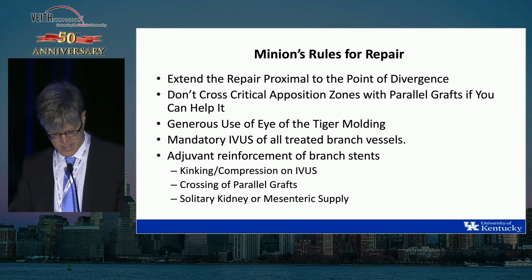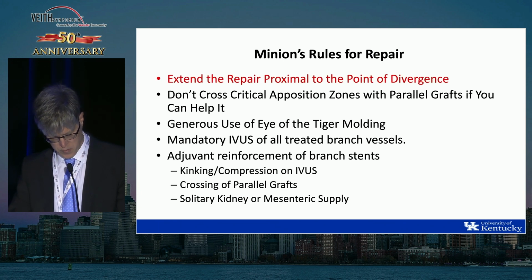Now, I don't have time to discuss all my rules for repair, but as I'll present on Saturday, every delayed proximal neck failure I have seen in both complex and standard EVAR has had one common feature. That is, the devices were initially implanted distal to the point of divergence. And I've yet to see a late failure when the repair was extended proximal to the point of divergence. So my target is now, in fact, the point of divergence rather than some minimum neck length.